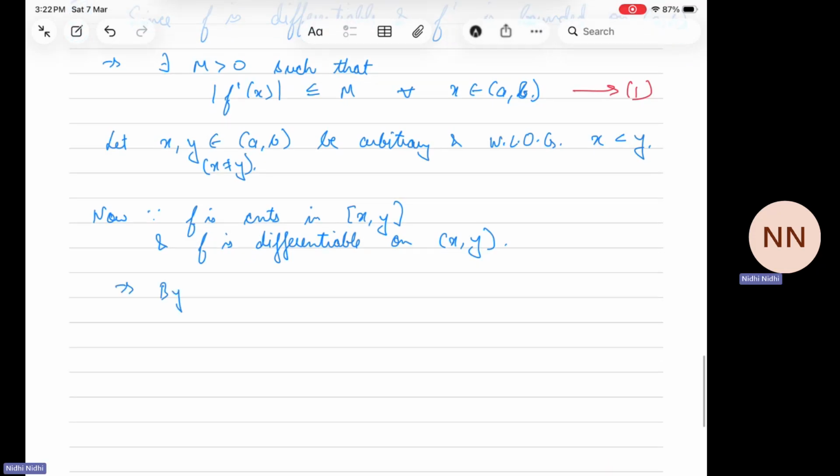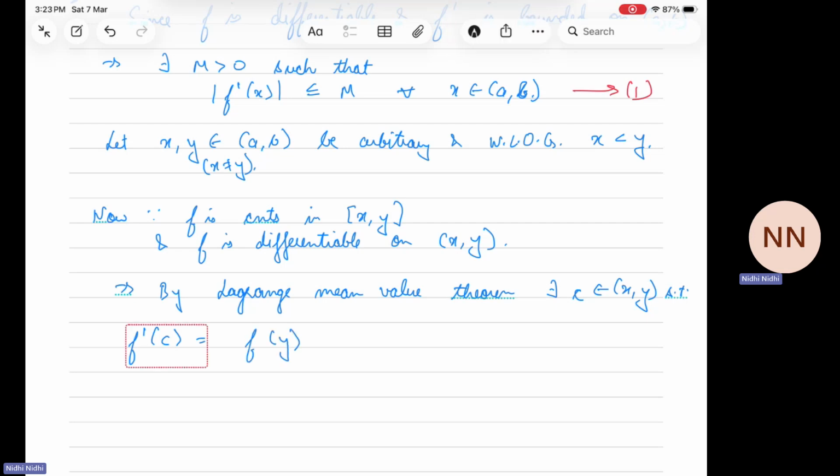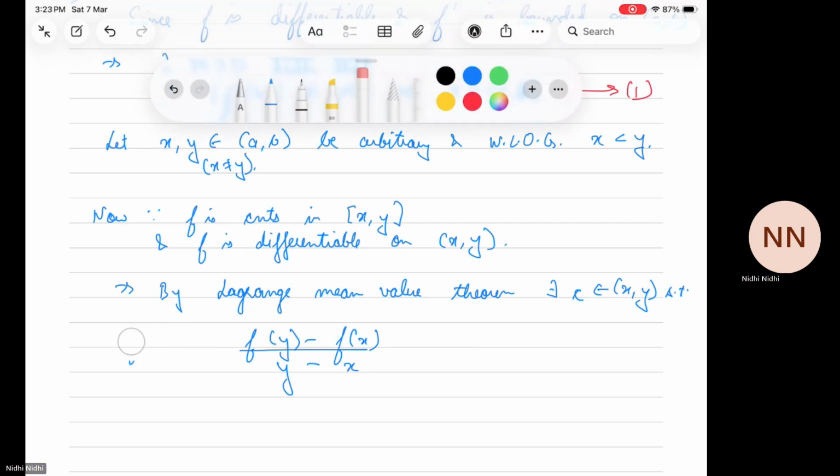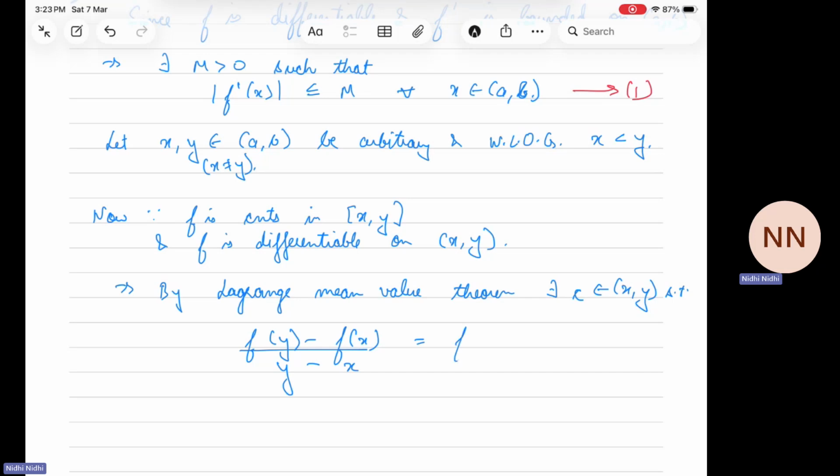Then by Lagrange mean value theorem, there exists some c which is in between x and y such that f dash c is equal to (f(y) minus f(x)) upon (y minus x). Now this is equal to f dash c.